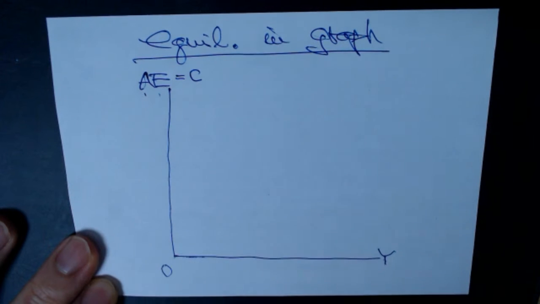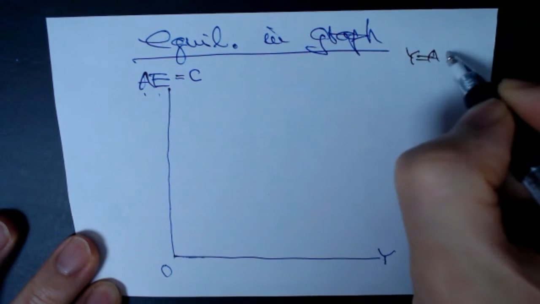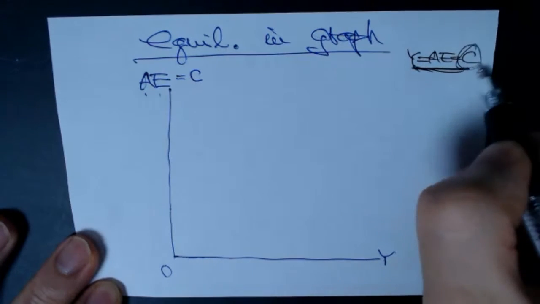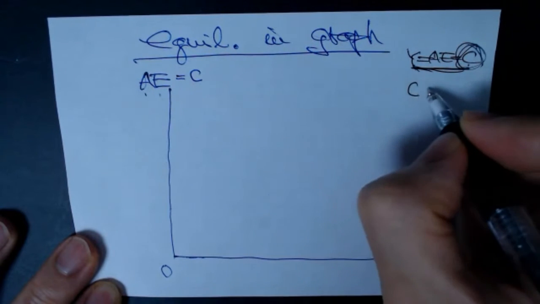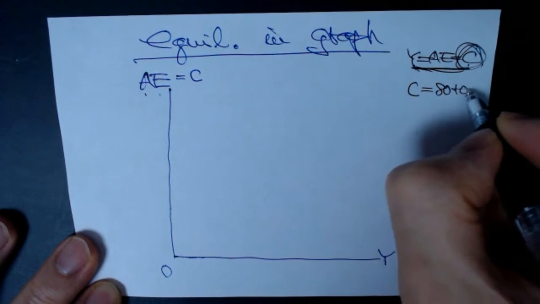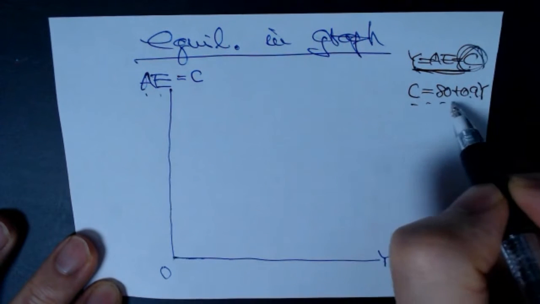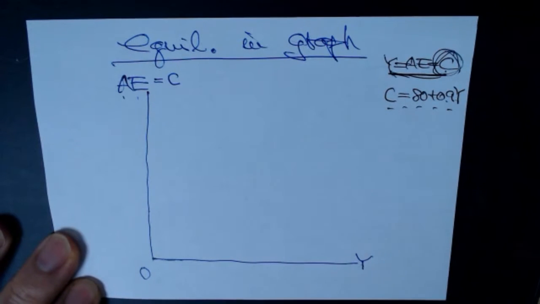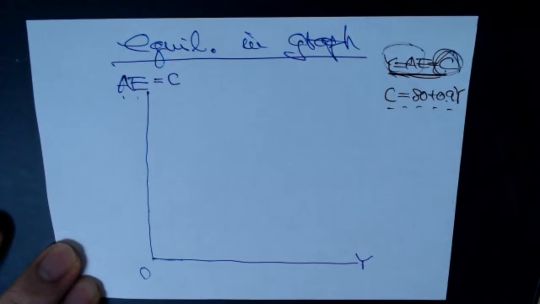To find the equilibrium, we're going to use this relationship Y equals AE equals C. Again, we're going to add the consumption function here, which we assume is 80 plus 0.9 Y. Before adding this consumption function, we need to describe the equilibrium condition.